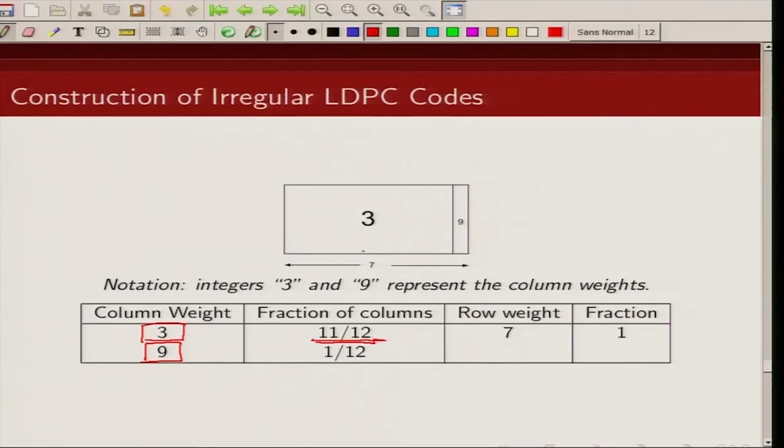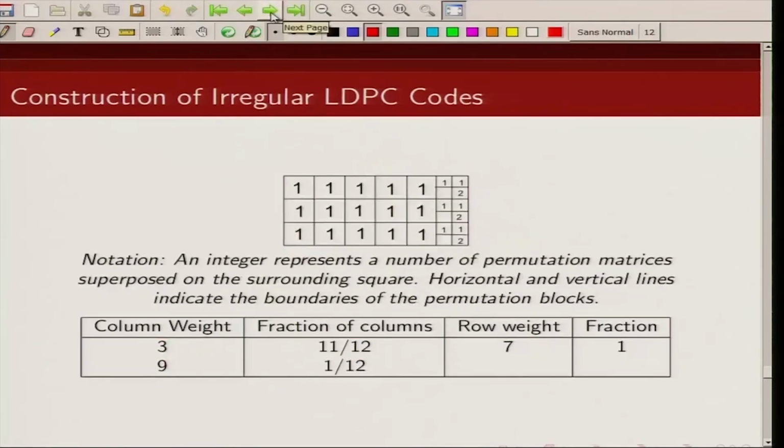We are interested in a row weight of 7. So, we want each of these rows to have weight 7, and we want that 11/12 of the columns should have weight 3 and 1/12 of the columns should have weight 9. So, how can we construct this? Using the construction using random permutation matrices that we have studied.